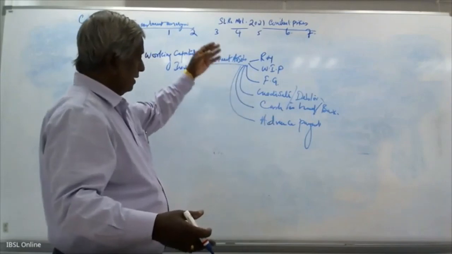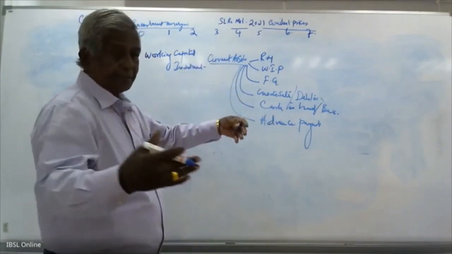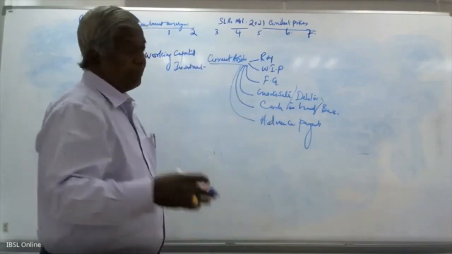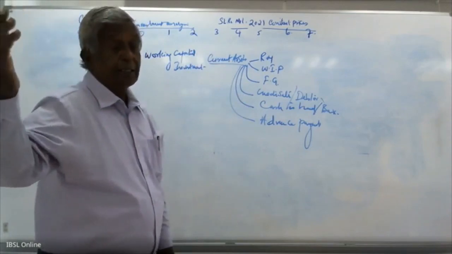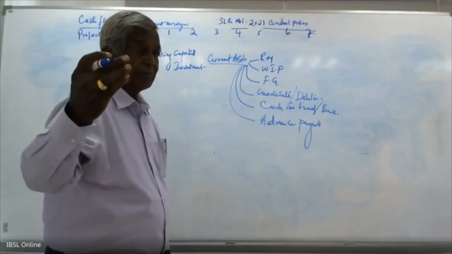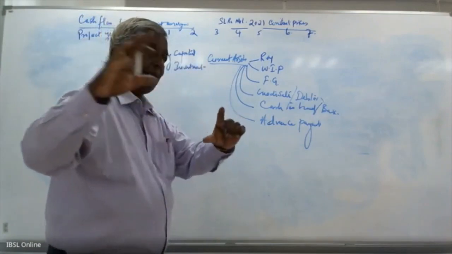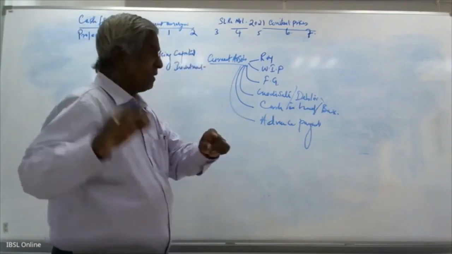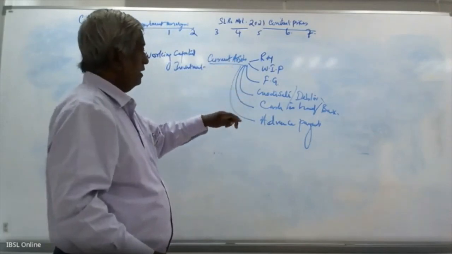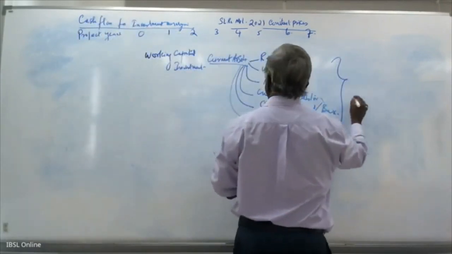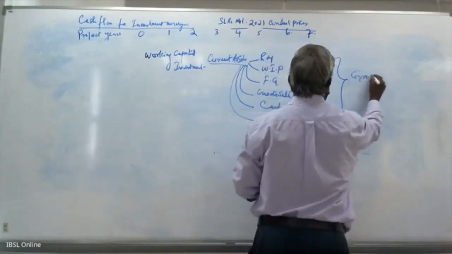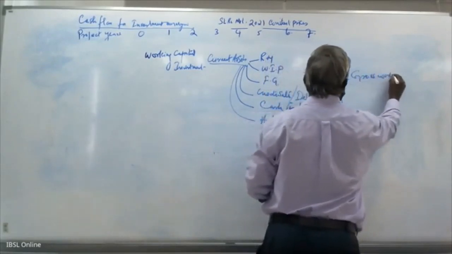If you have current liability, maybe sometimes some raw material supplier may give you some advance, that is current liability, you can reduce from this one. All these things we call gross working capital.